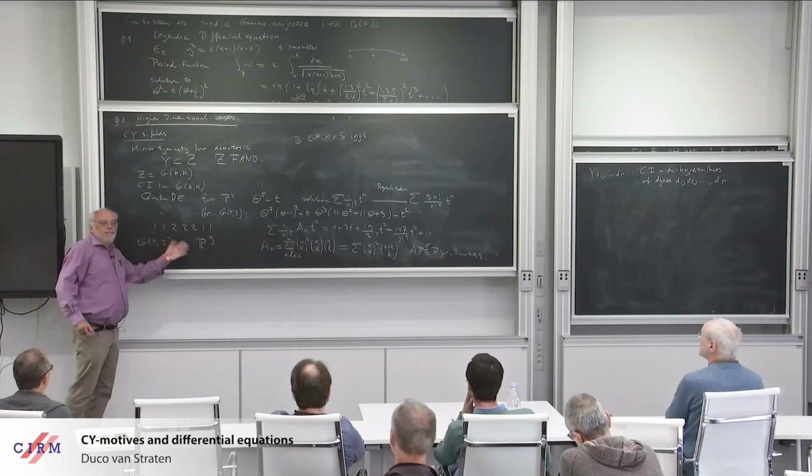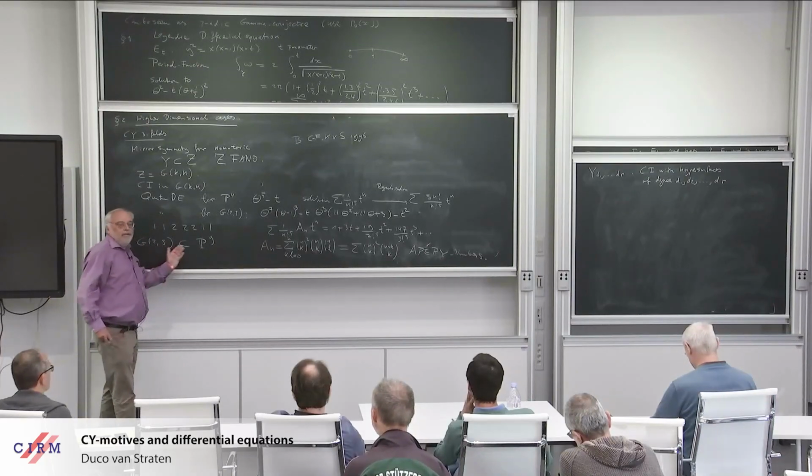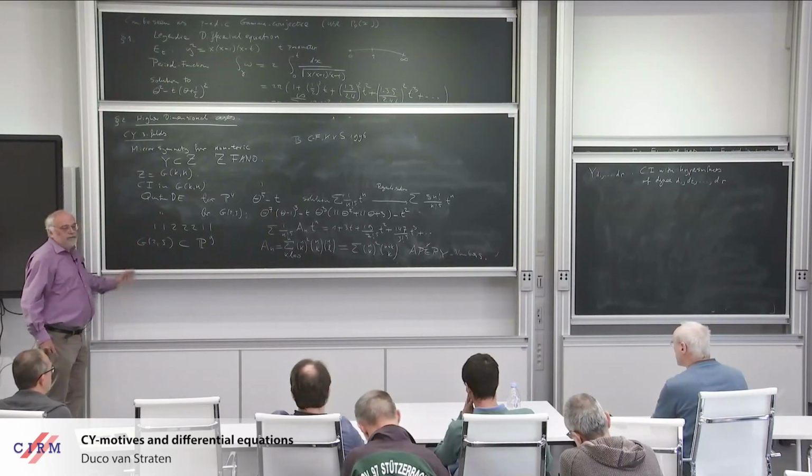The 10 minors of a 2×5 matrix give the embedding of the G(2,5) in P9.